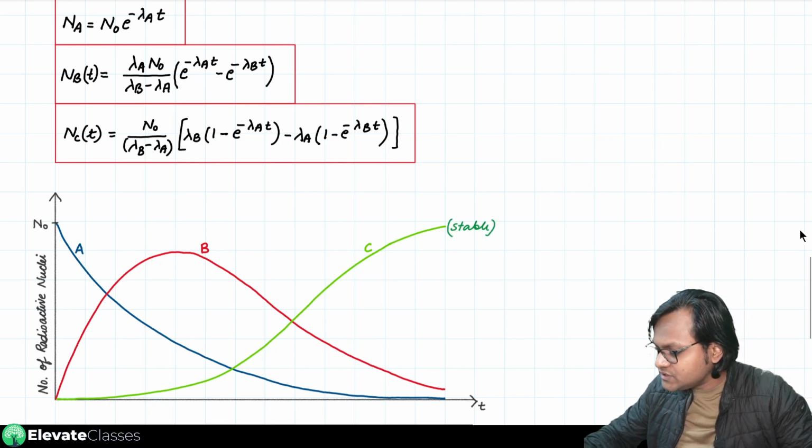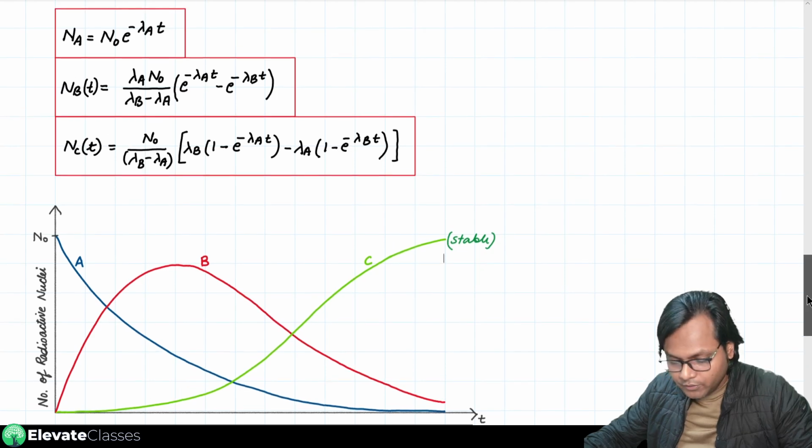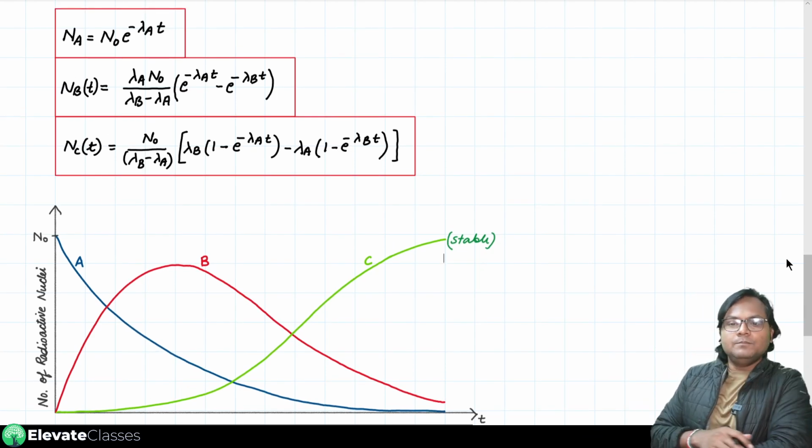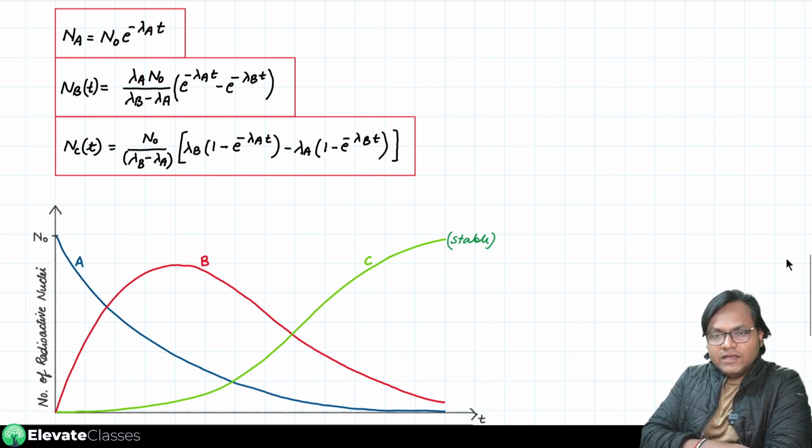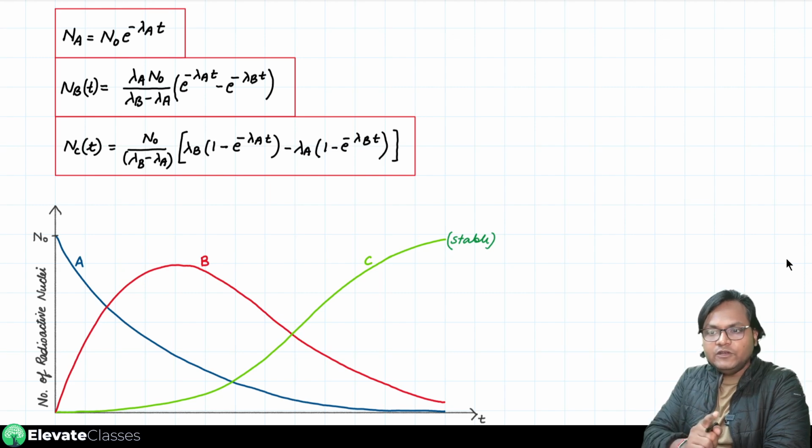So these are the interesting expressions for the radioactive sample containing the original parent nuclei, the intermediate radioactive nuclei, and the final stable daughter nuclei. Now, if you want, we can do further calculations here.